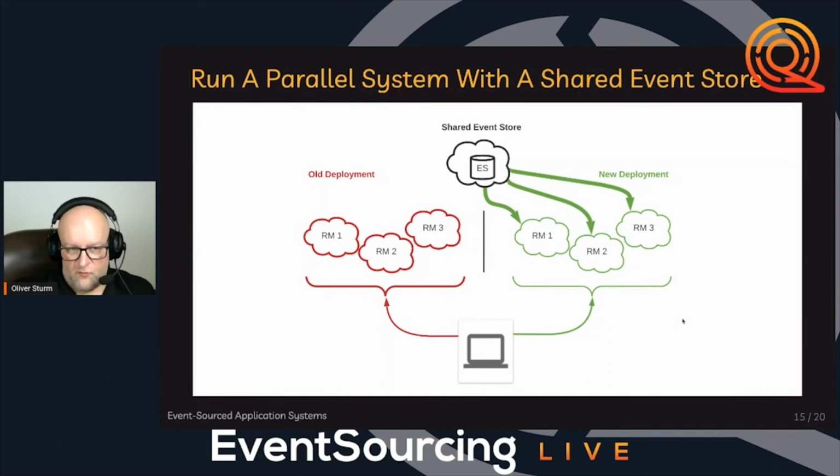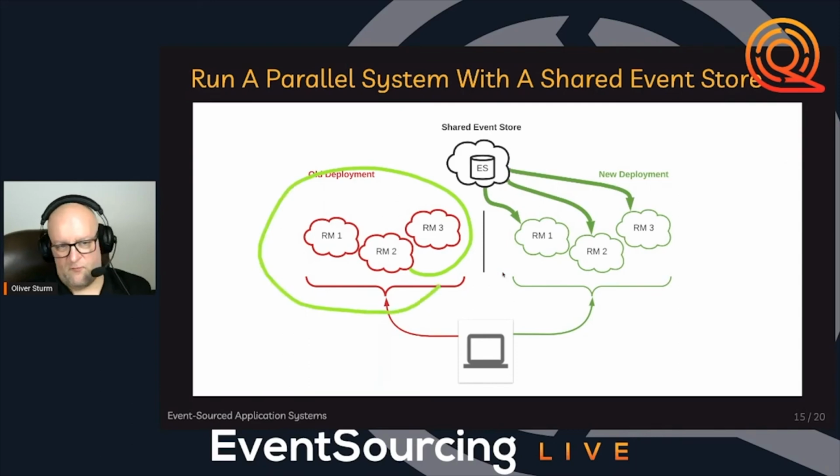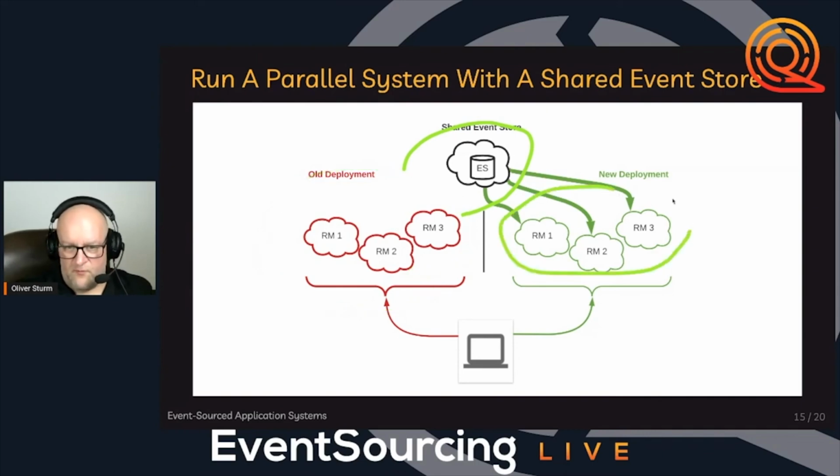Just to illustrate, basically, we have our old deployment over here consisting of a number of read models, and it also uses this event store. Now, when we create a new deployment that is over on this side, we use the same event store in the shared event store pattern that I'm showing you here.